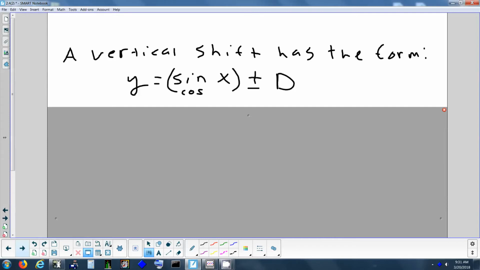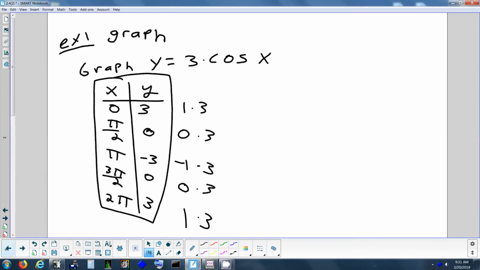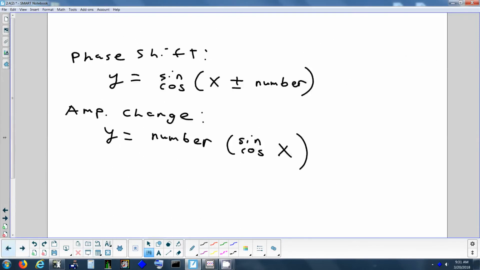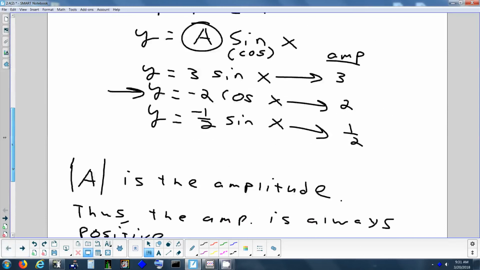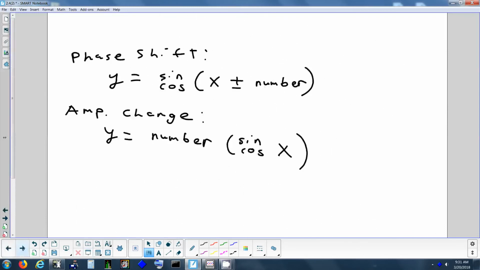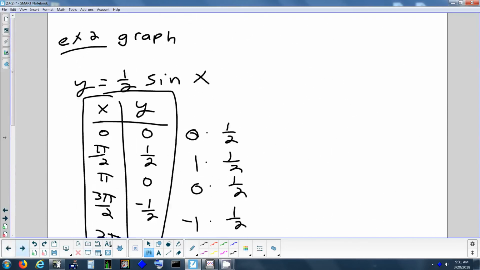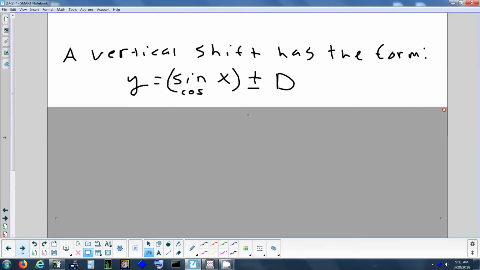Now, if you're wondering, where am I getting these letters from? Like, why did I use D here? And I think before I used A. Well, there's a reason why I use D for this one, but you really don't have to worry about it. It's because if you were doing all 4 transformations in the same problem, this would always be the last one to do.